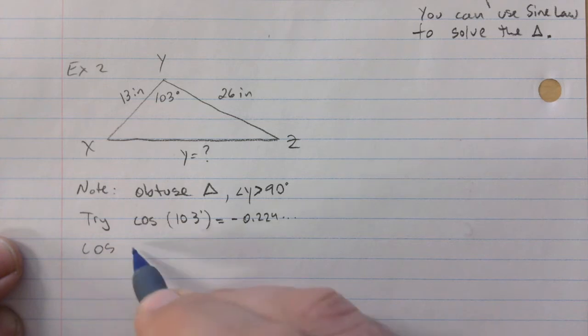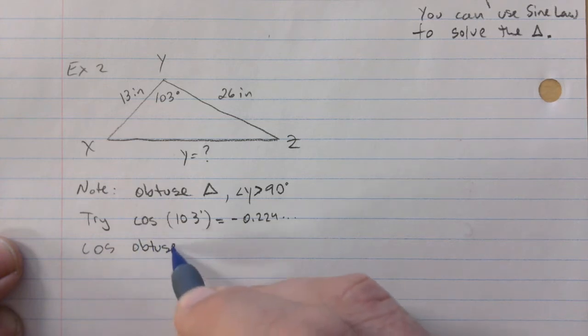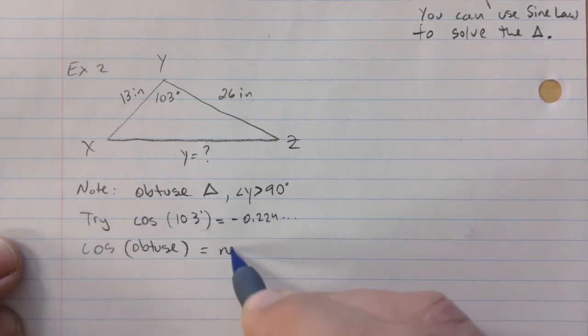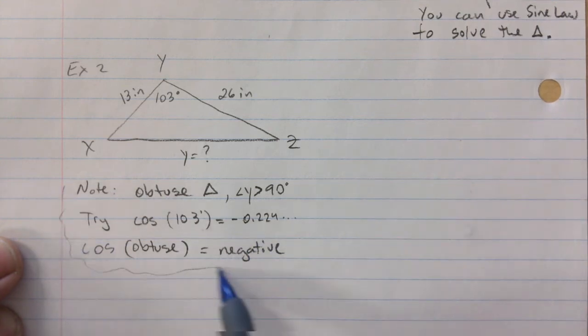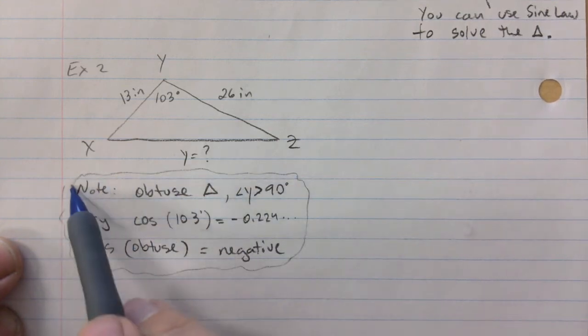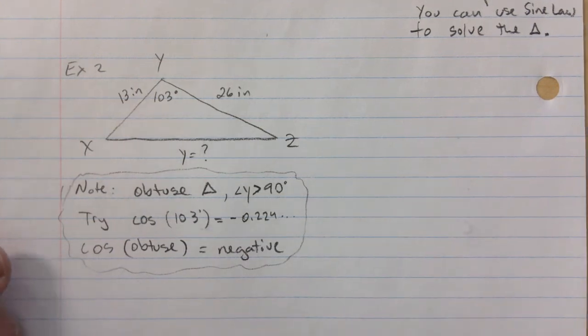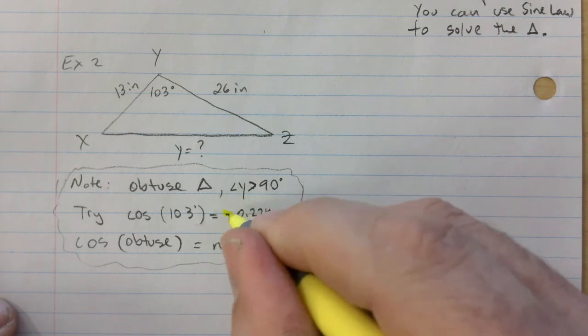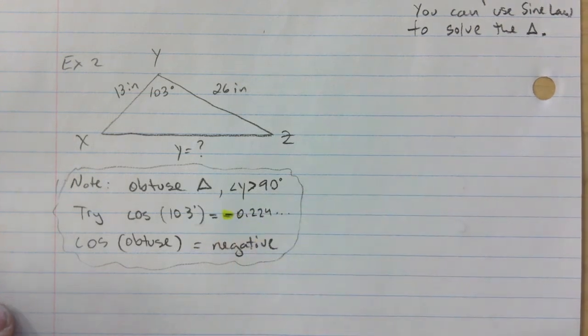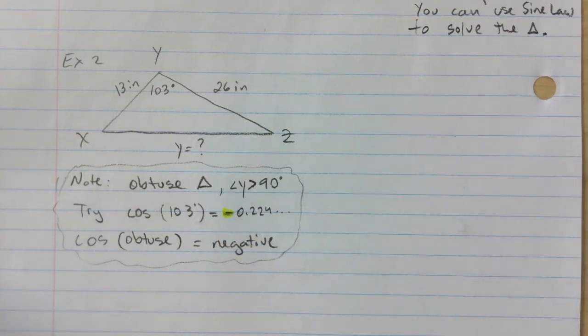So cosine of an obtuse angle is going to be negative. This is the note here. Notes are important. I usually do them because it comes down to understanding the concept later on.